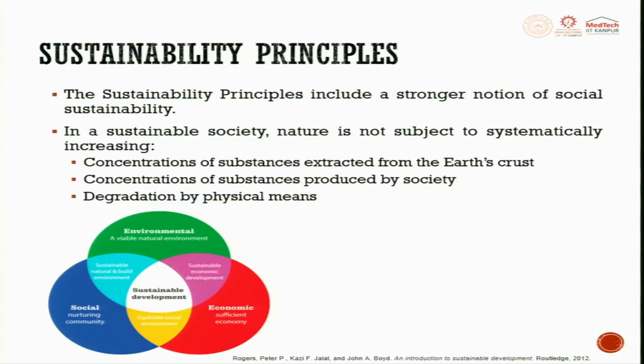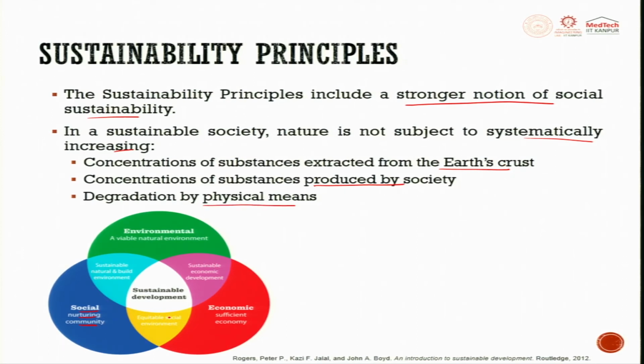So, talking about sustainability principles, these include a stronger notion of social sustainability. To talk about sustainability as an overall concept, society or social nurturing community is always one of the factors. So, in a sustainable society, nature is not subject to systematically increasing concentration of substances extracted from the earth crust, or concentration of substances produced by society, or degradation by physical means.